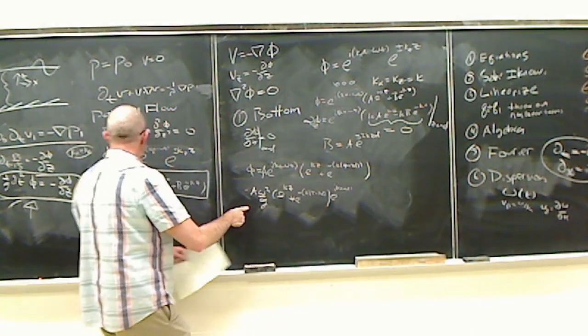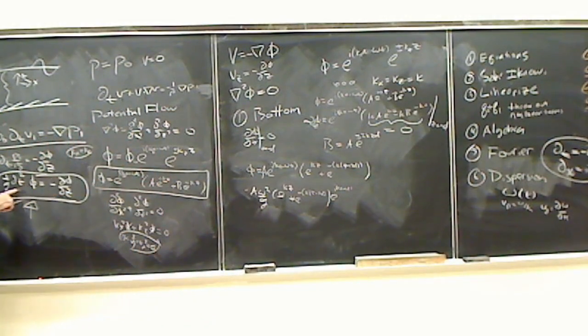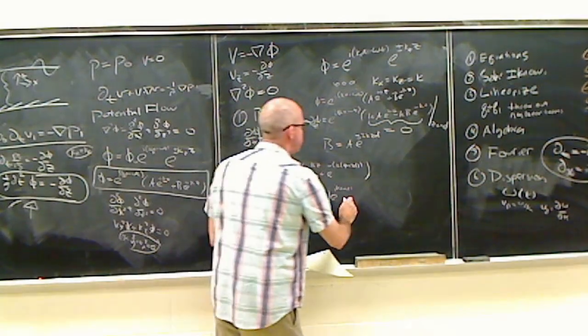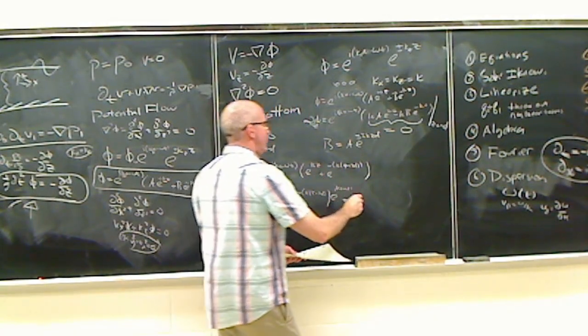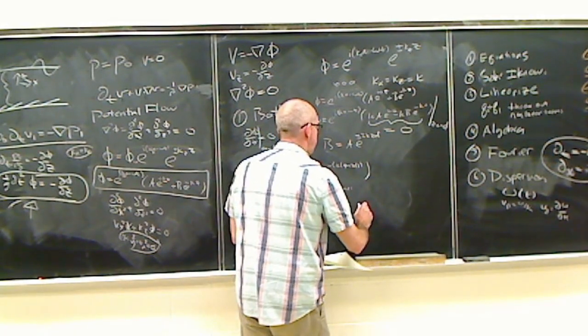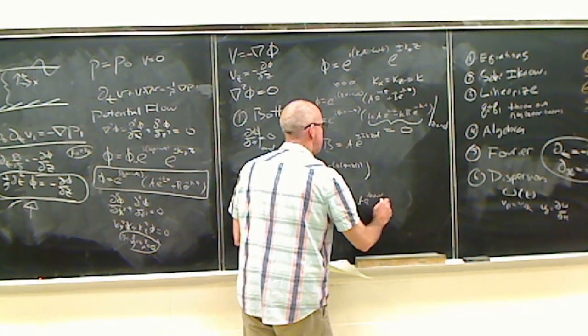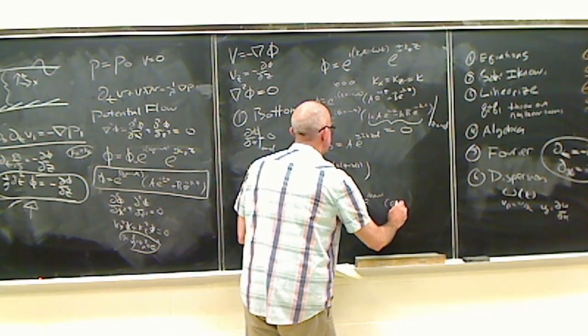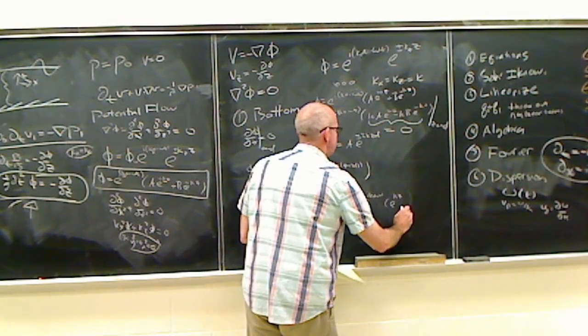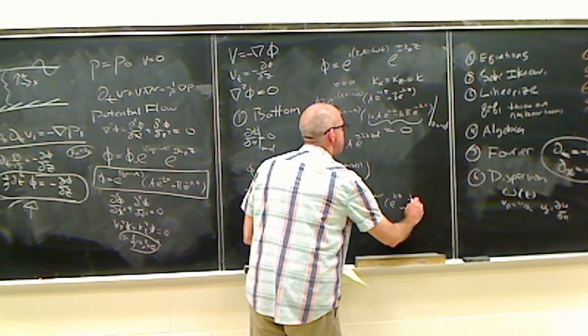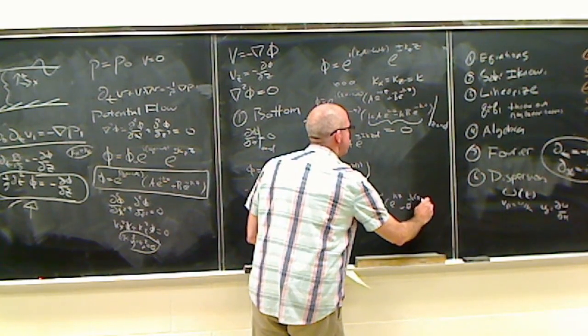So this first term is just plugging this phi into the left-hand side. Then I plug this phi into the right-hand side, and k's come down, and I'm left with a e to the i(kx minus omega t) times (e to the kz minus e to the minus k(z plus 2d)).